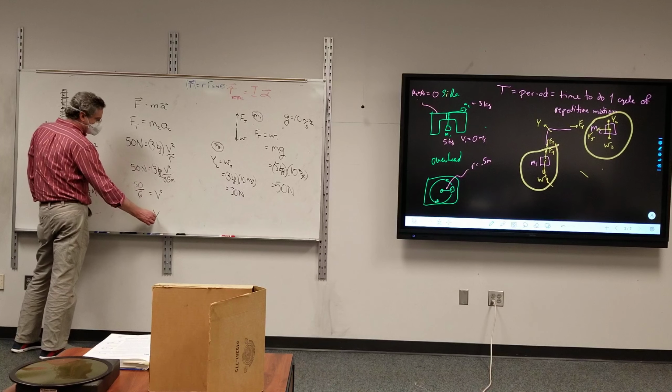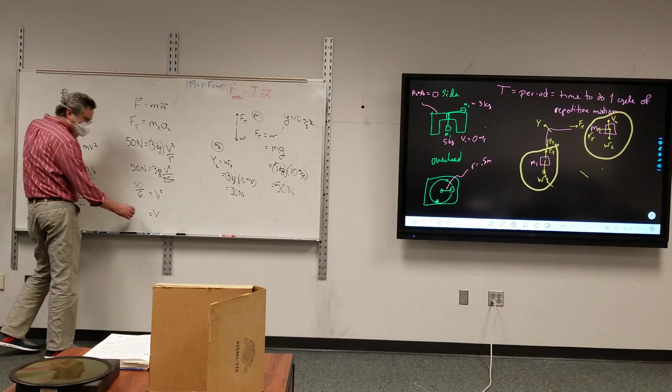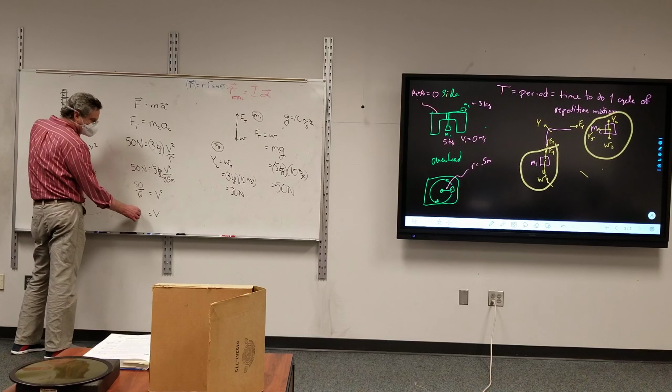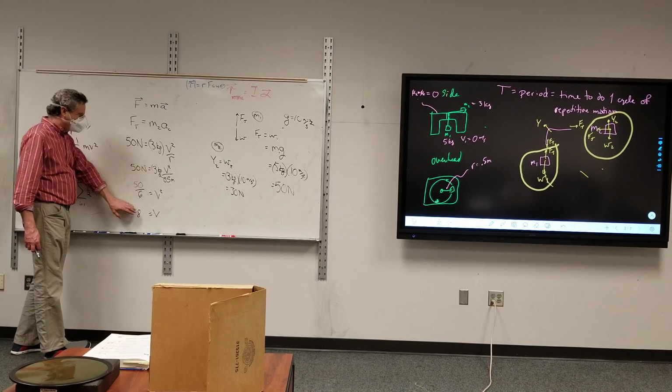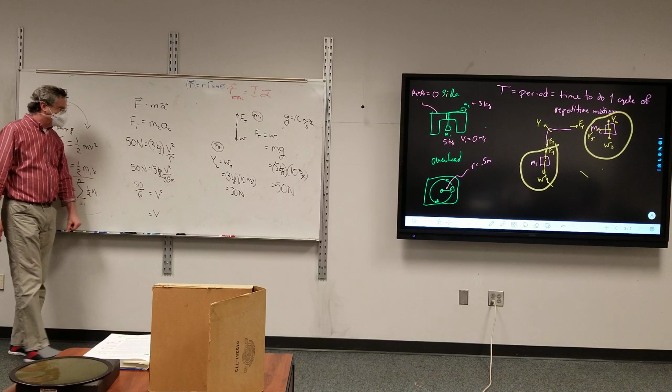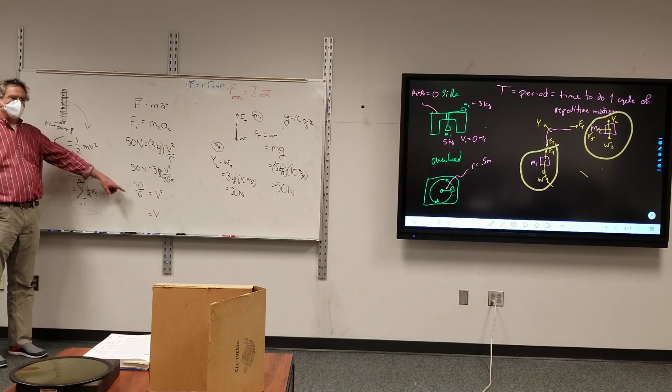And so v, what's the speed? 8.3333. Because 8 squared is 64, this is less than 64.